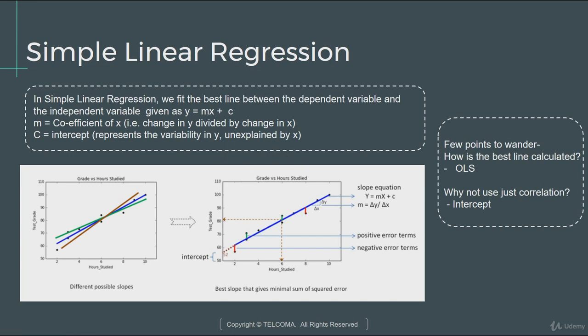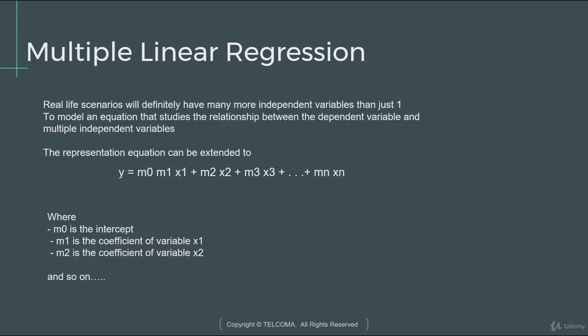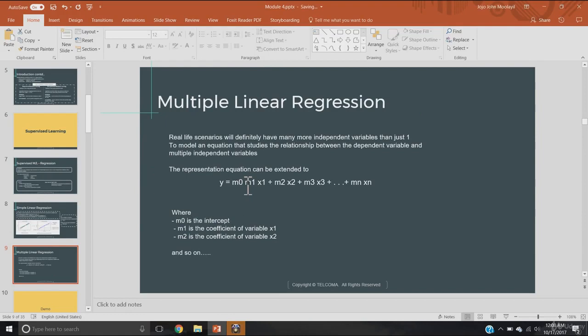Now let's move on to a little more complicated scenario, and that would be multiple linear regression. Real life scenarios will definitely have many more independent variables than just one. Now to model an equation that studies the relationship between a dependent variable and multiple independent variables, you can just extend the same equation which you have for simple linear regression. So I'll just make a small correction over here.